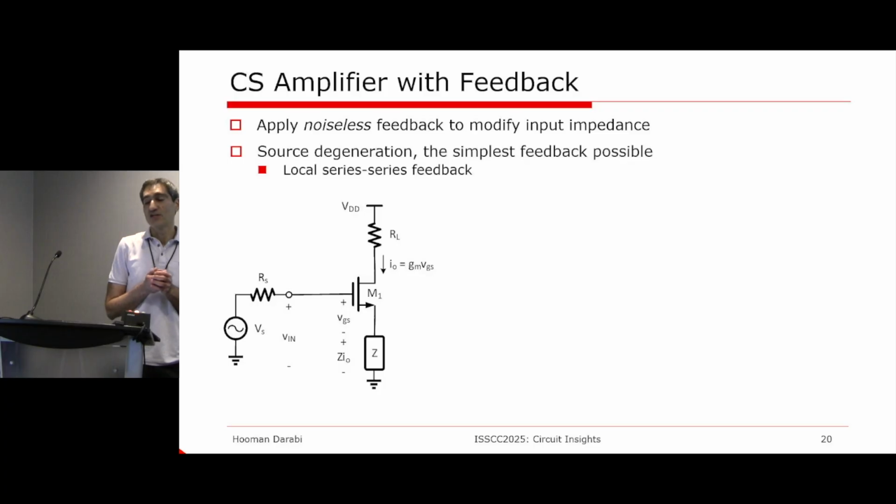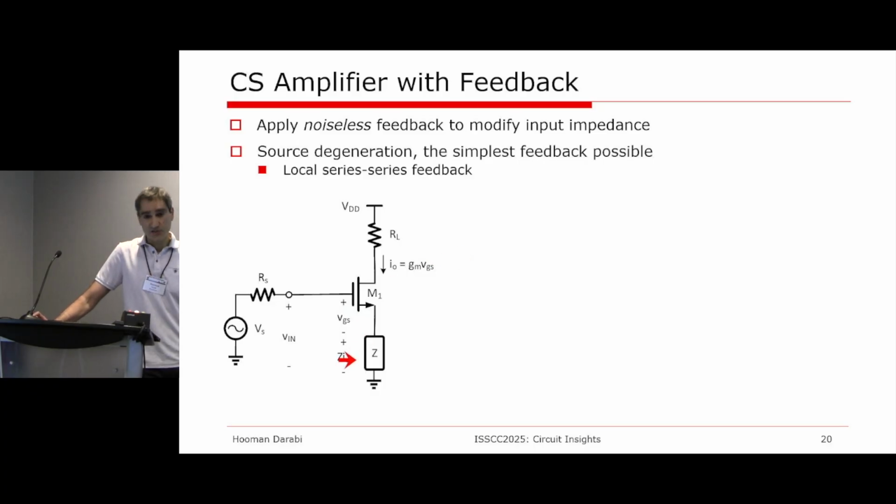You may not see it as a feedback. In fact, the degeneration is usually taught in analog courses before even the feedback is taught. It's so simple. I can prove it to you why it is a feedback. You can see that the output current is coming through the drain, coming back through the source, goes through this resistor, degeneration impedance, let's call it. In the absence of it, the input is same as VGS transistor input times GM is the output current.